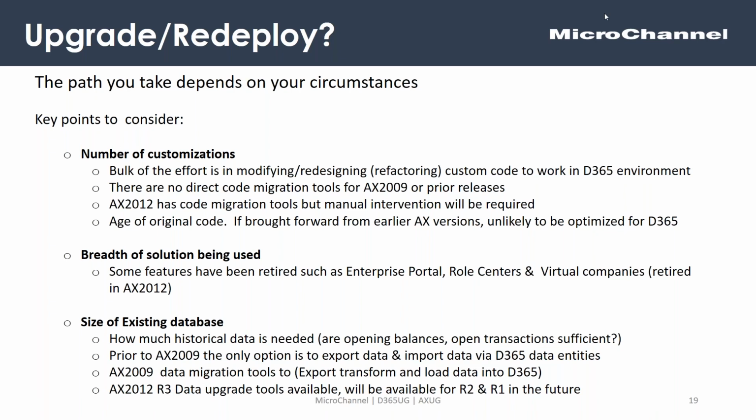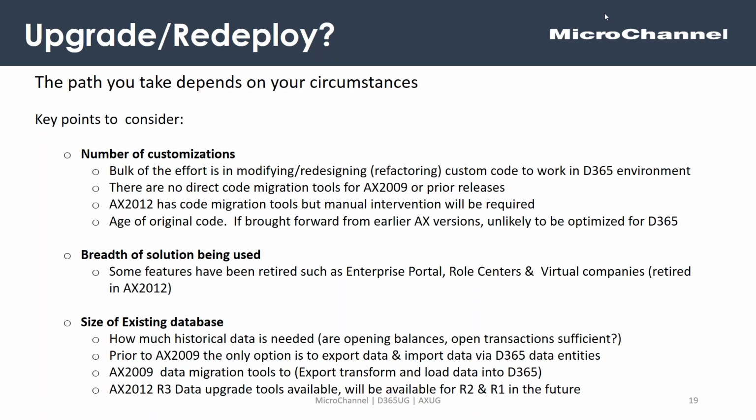Data is not so much of a problem if you're moving from AX 2012. There are tools available in both AX 2009 and AX 2012. For AX 2009, the database has changed significantly, so the database schema between 2009 and D365 is significantly different.